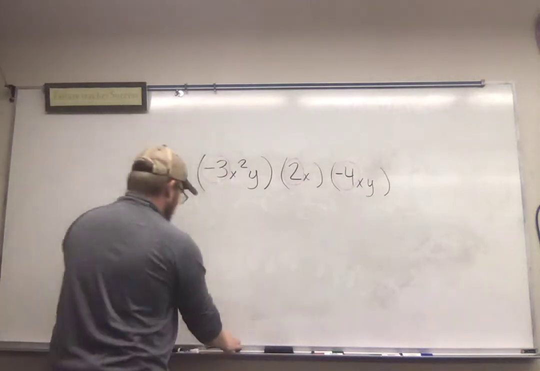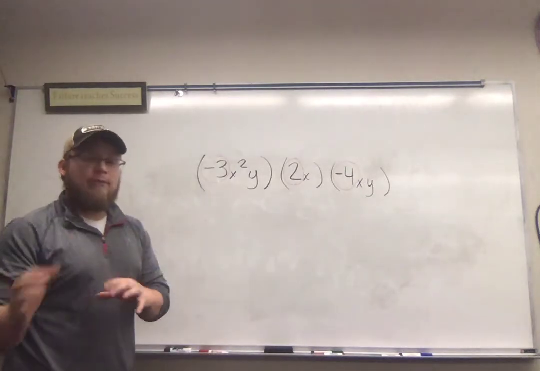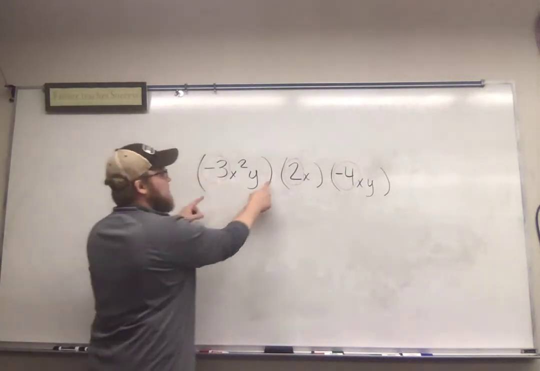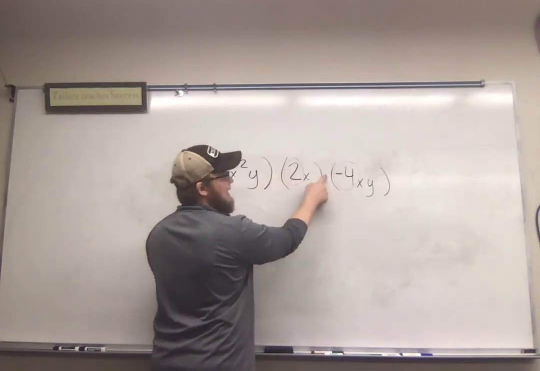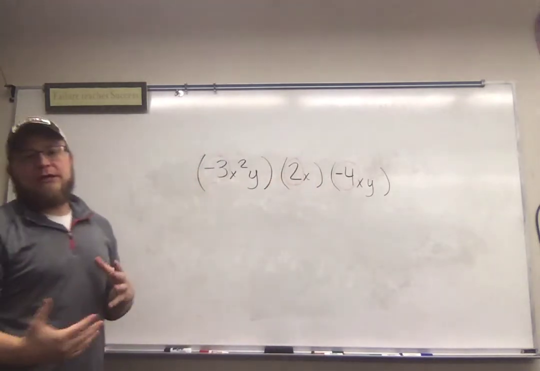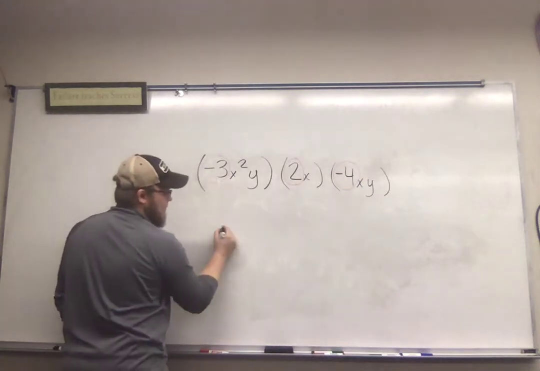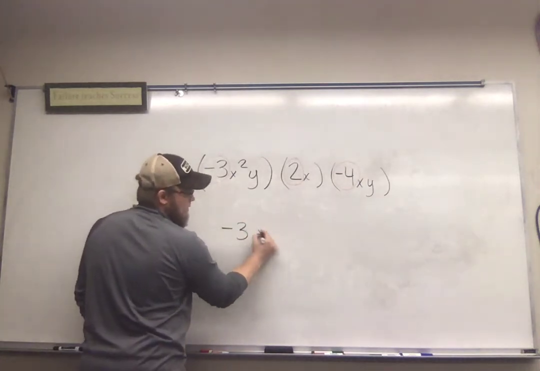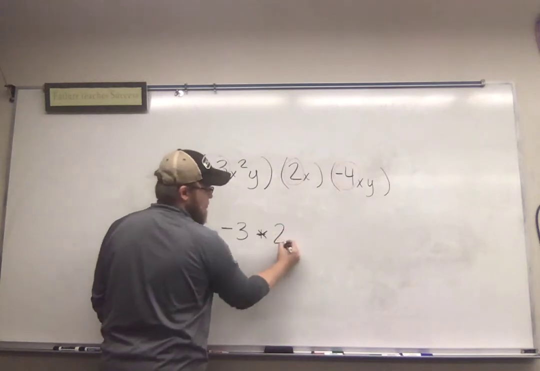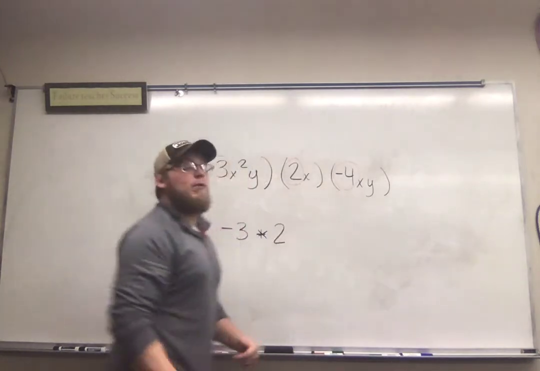When you combine just the numbers, you are multiplying, because that's what the signs in between say. So we need to multiply negative 3 times 2, and then also times negative 4, but we'll do that in a second.